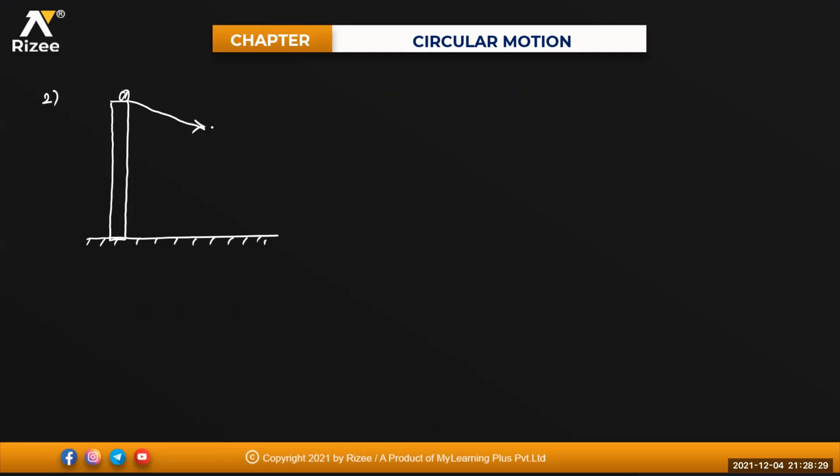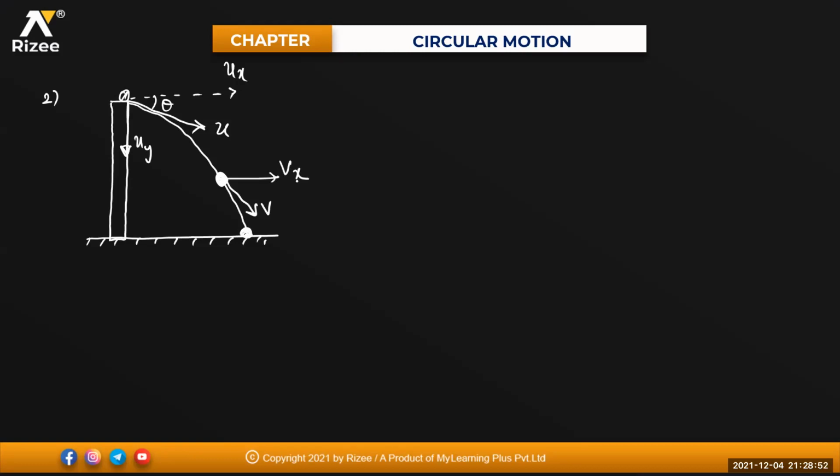Now it has been projected with velocity u, making an angle theta with the horizontal. So this will be your ux, and down there will be uy. The path followed by this one will be a projectile like this, and somewhere it will reach here. At any instant of time, this will be the velocity v.